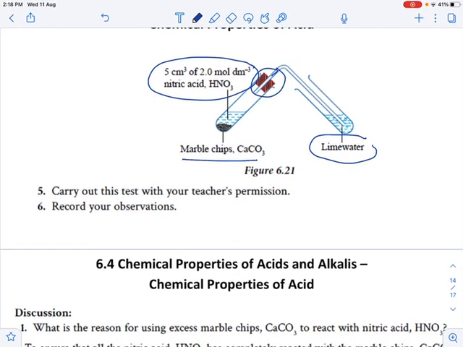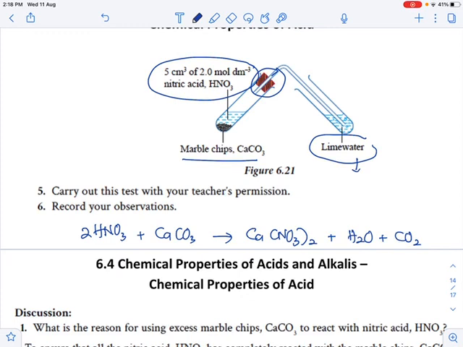Nitric acid reacts with calcium carbonate to form calcium nitrate plus H2O plus CO2. As you know, lime water is the confirmatory test of carbon dioxide gas.